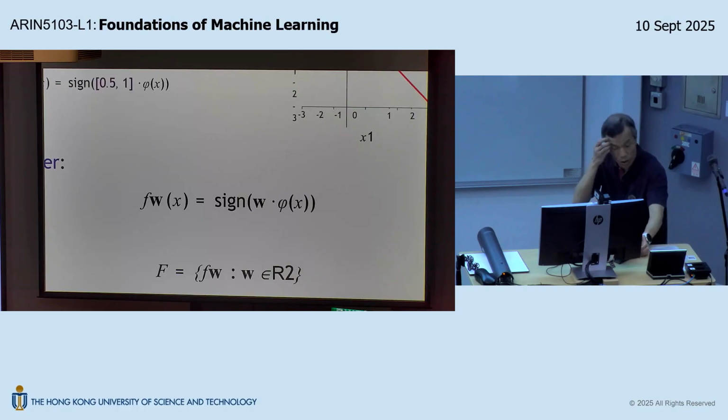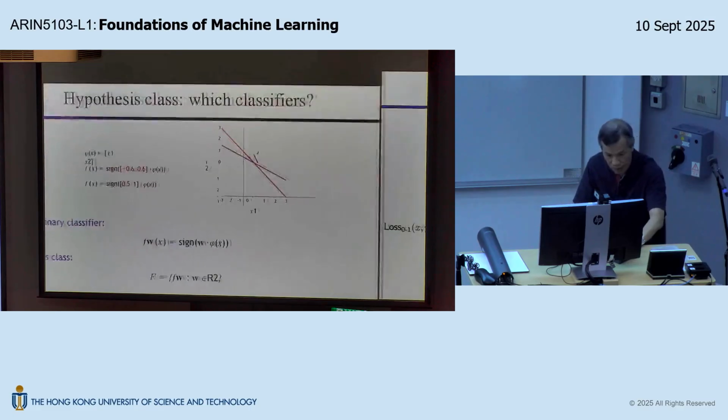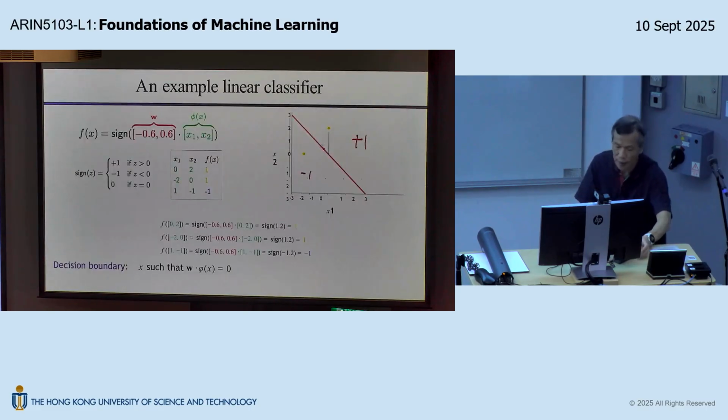Moreover, as discussed, what this linear classifier is doing is that it will separate the input space into two parts, the plus region and the minus region. Essentially, we take the dot product and then turn that into a sign. If the dot product is positive, it will be here. If the dot product is negative, it will be here. In other words, if I have points here, then the dot product will be positive. If the point is here, the dot product will be negative.